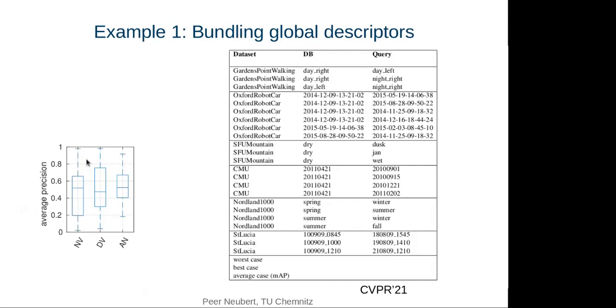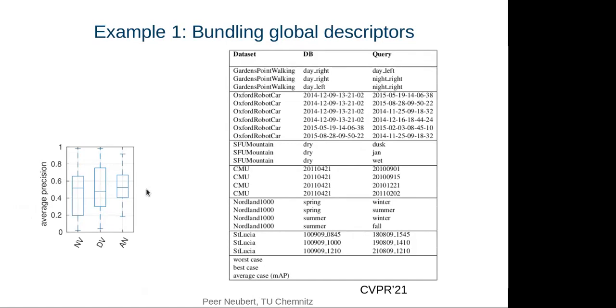And from this box plot, evaluated over all those data sets, we might say, well, maybe NetFLAT is the approach with the highest median value, so let's take NetFLAT for the best descriptor. But we also see that DenseFLAT maybe has the better mean value. So it's not really clear which descriptor is the best one.